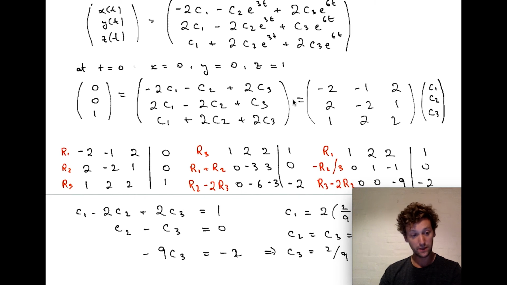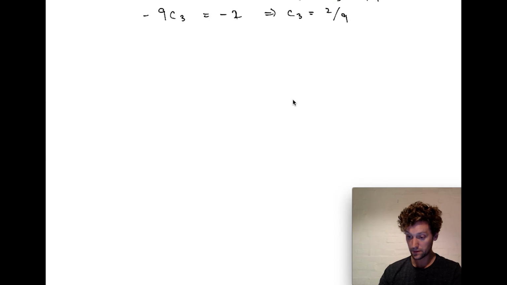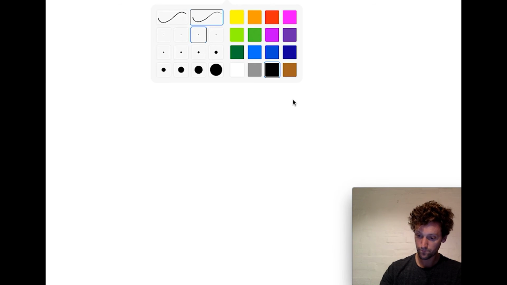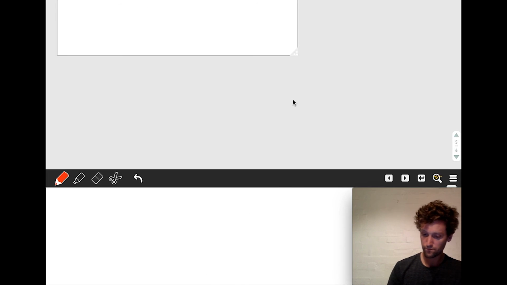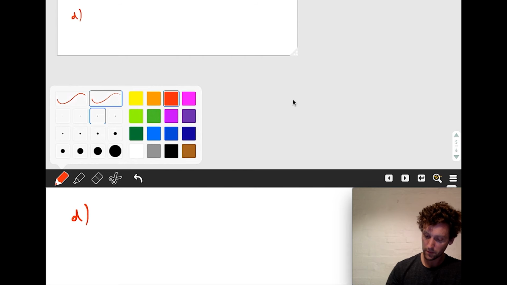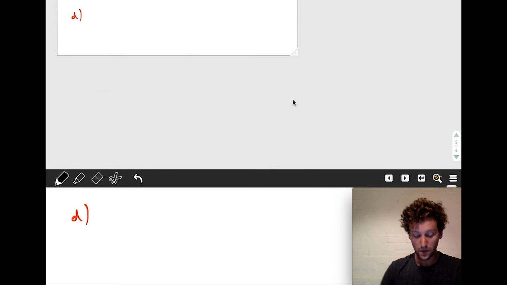So now we're going to take a look at part D. So part D takes a sort of left-hand turn here. It says, let's say we have a quadric surface here.